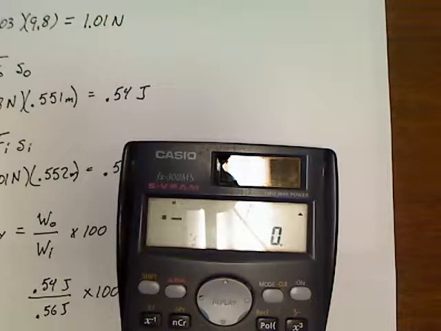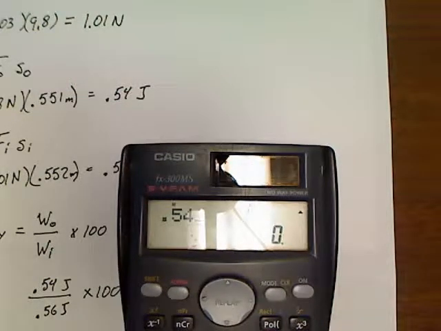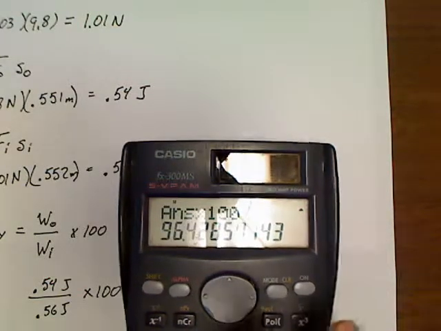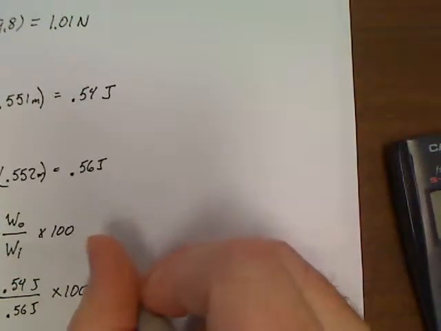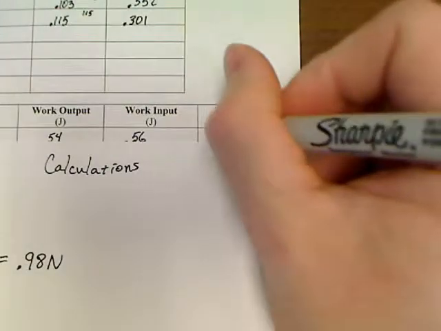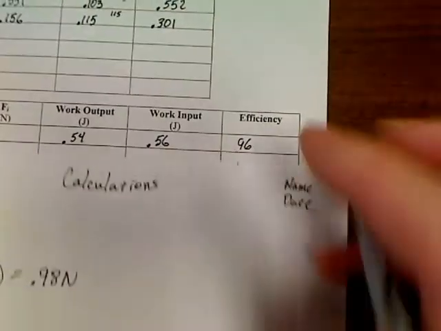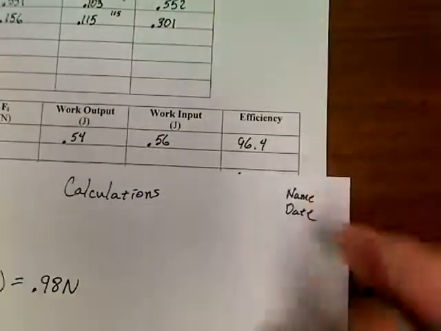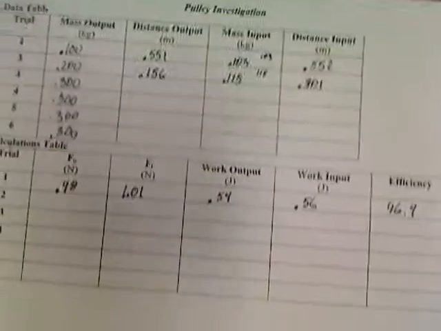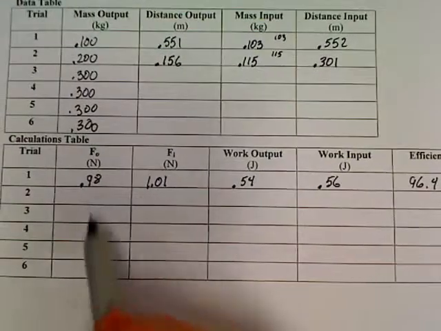So 0.54 divided by 0.56 is 0.964 times 100. We'll go with 96.4%. So my first pulley was 96.4% efficient.